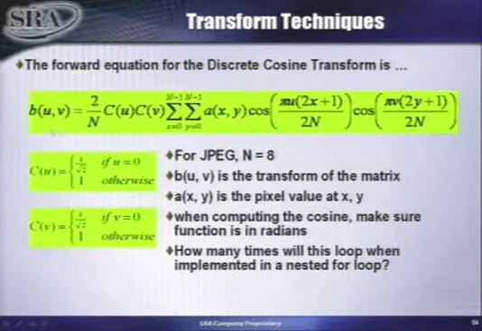That's 8 to the 4th. 8 to the 4th is 2 to the 3rd to the 4th, 3 times 4 is 12, 2 to the 12th. Who knows what that is? 4K? 4096? All right. So for every 8 by 8 block, this is going to actually loop 4096 times.